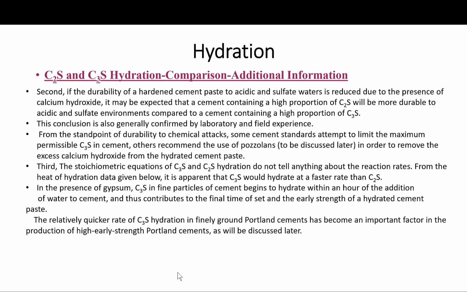I will show those in later lectures. Also, the relatively quicker rate of C3S hydration in finely ground Portland cement has become an important factor in the production of high early strength Portland cements, as we mentioned, and we will discuss this later also.